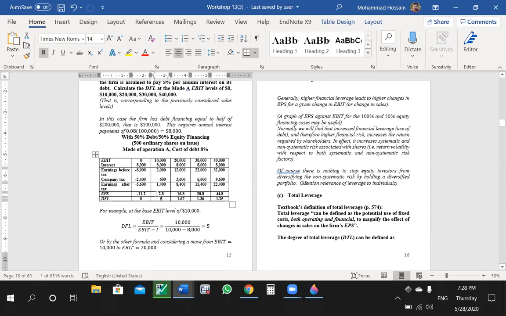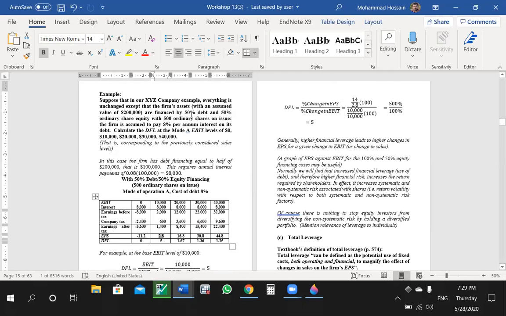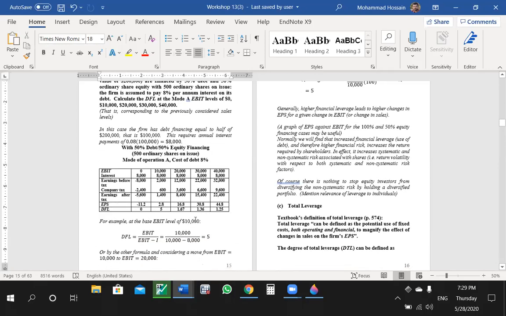And that's 2.8 EPS. Now how many shares do they have? I'll show you, give me a minute. Where is the shareholders amount? 50% ordinary share equity with 500 ordinary shares on issue. So 1,400 divided by 500 is 2.8.